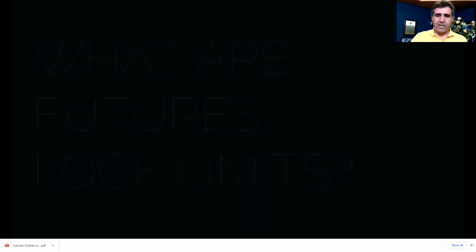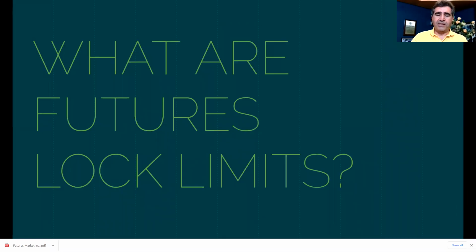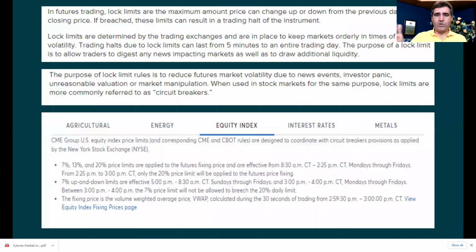So anyway, the lock limits are very unique to the futures market. We've talked about the New York circuit breakers, and in the futures market, each asset has its own limit. Like last March, we hit that. Basically, if the markets move 7%, 13%, 20%, then the exchanges will freeze.